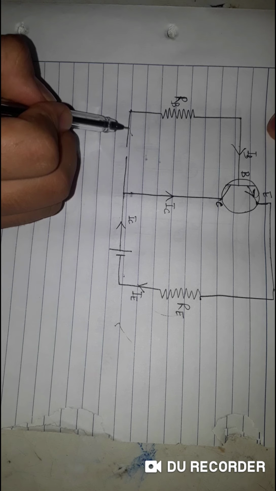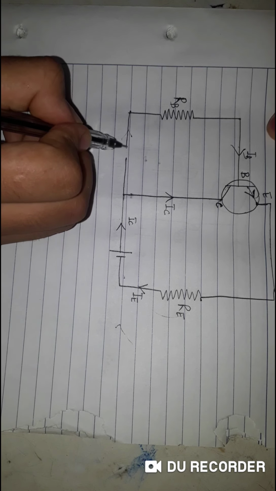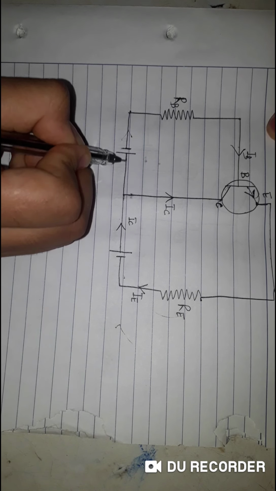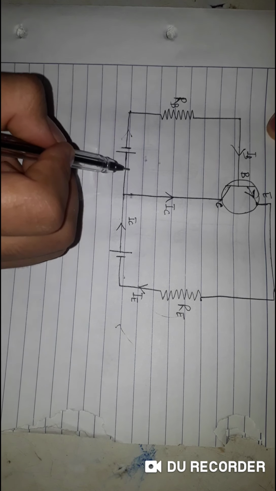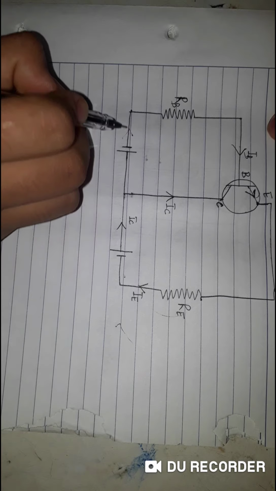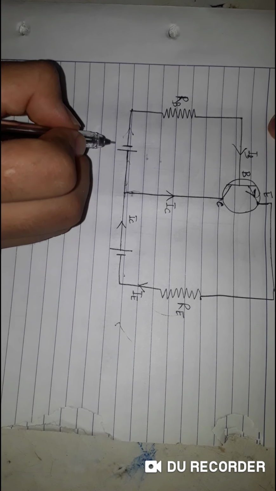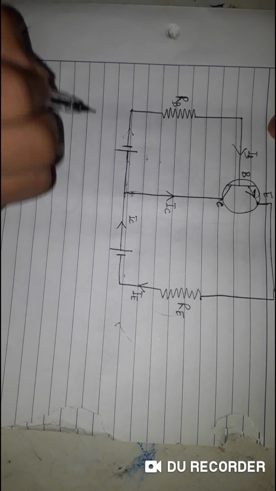Although we assume that IB goes from here, we can't make it the positive terminal. Here is the negative terminal and here is the positive terminal, and we will assume that IC is going from this way, so this tends to be the positive terminal.